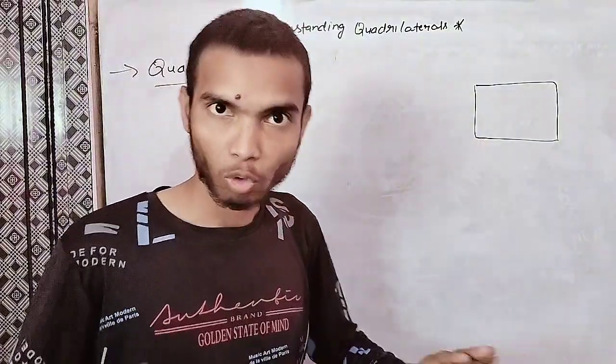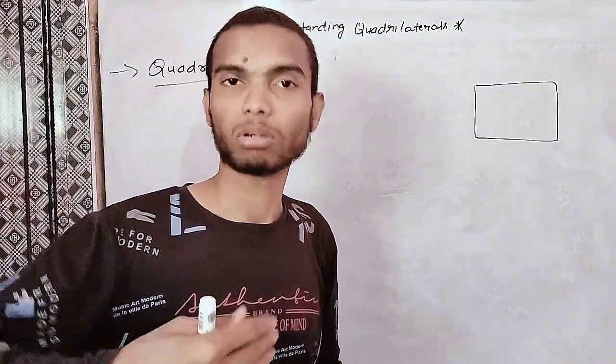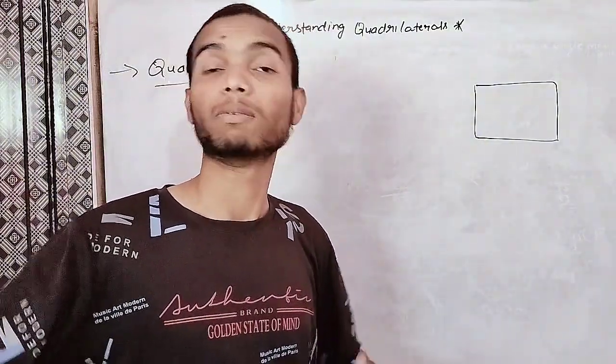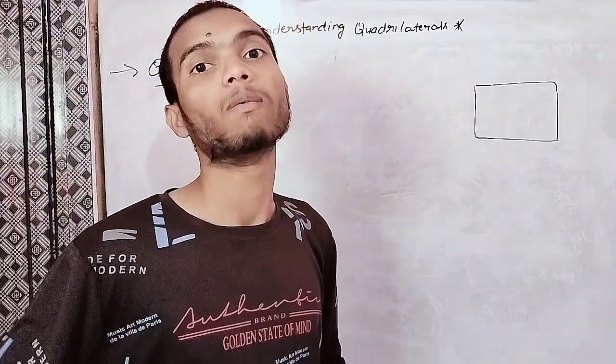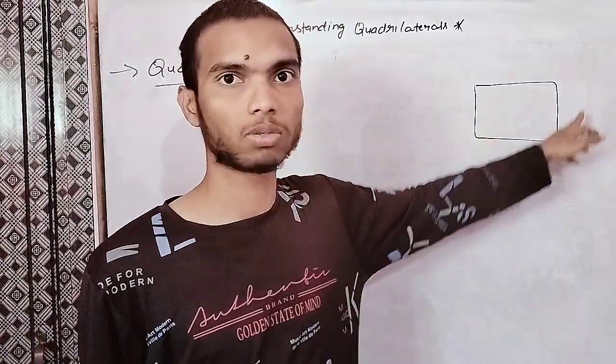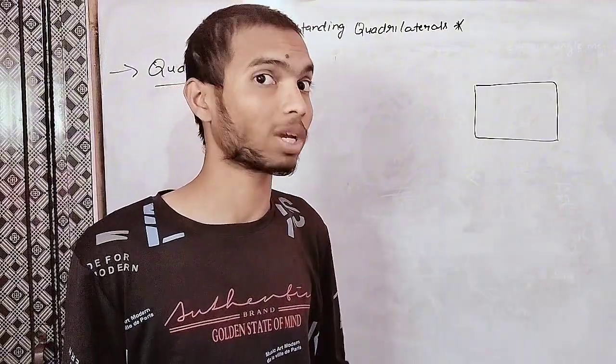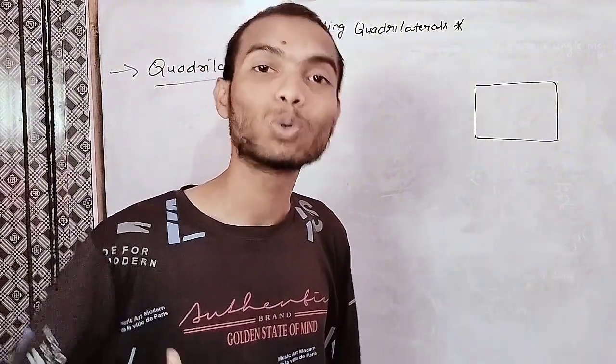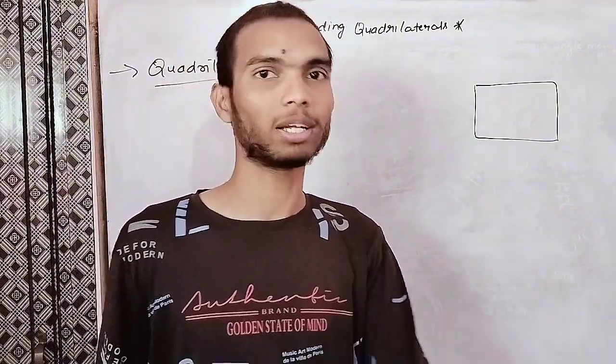So a quadrilateral will have four sides, four angles, and four vertices. This is a vertex, this is a vertex, this is a vertex, this is a vertex. And a quadrilateral will have two diagonals, and about the diagonals we already understood.